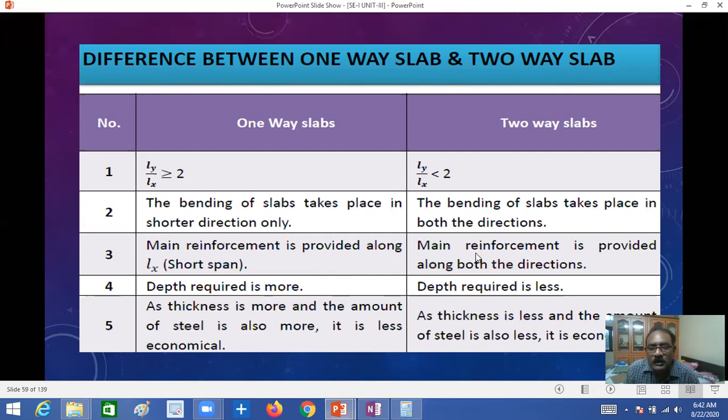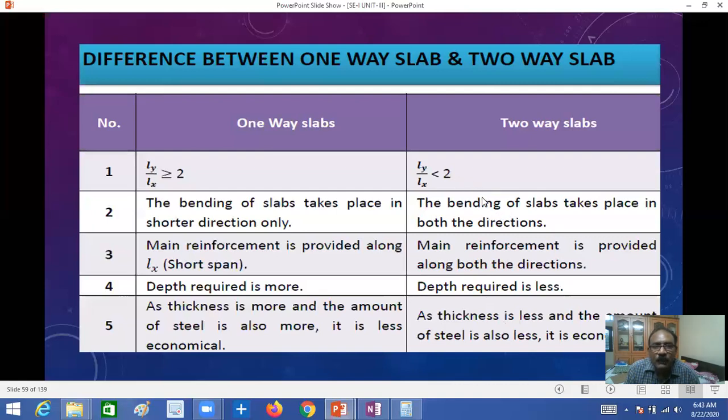Because the bending moment is distributed on two sides, for the same span, the thickness required in a two-way slab is less than in a one-way slab, and as thickness is less, you require less reinforcement as per the guidelines of IS 456:2000.